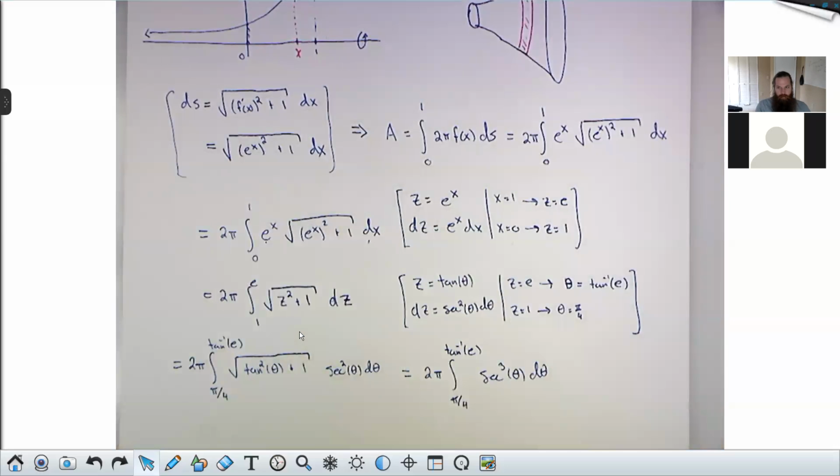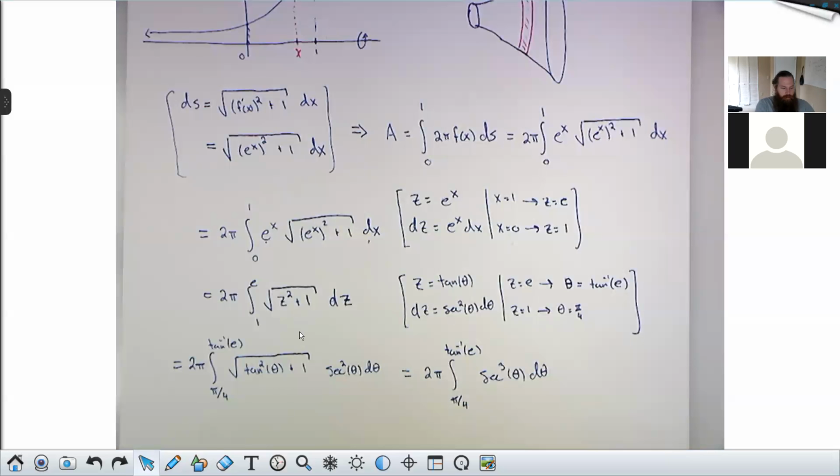Who remembers how to do the integral of secant cubed? So we're getting a nice refresher on all of our tricky integrals from the beginning of the semester. It is a looping integral. Yeah, Maggie's correct.